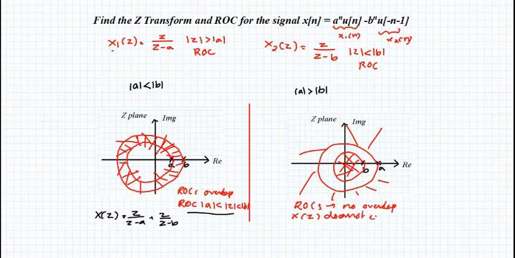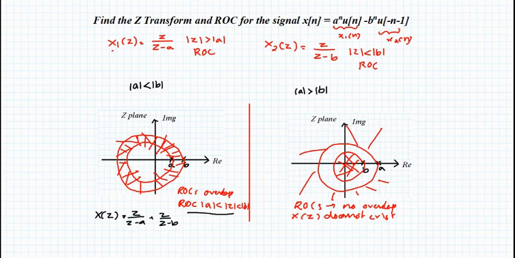Individually the z transform exists, but the combination's z transform does not exist. But here the z transform exists because there is a common area for the two signals. In that region only this z transform exists, and here there is no common area or overlapping area. So x of z does not exist. So it is a very important question.